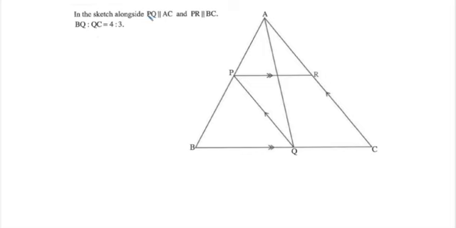Let's look at another triangle. Now in this triangle, we do have a ratio that is given there, and I want us to include the ratio on the diagram. This is our BQ as to QC. We can write this as 4x as to 3x.